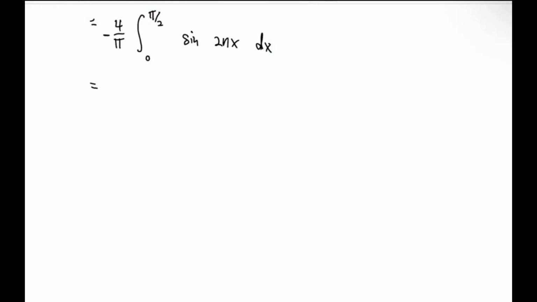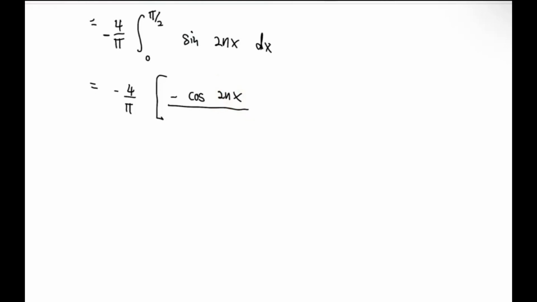So negative 4 over pi. The integration of sine 2nx gives negative cosine, negative cos 2nx, divided by the derivative of 2nx, which is 2n.